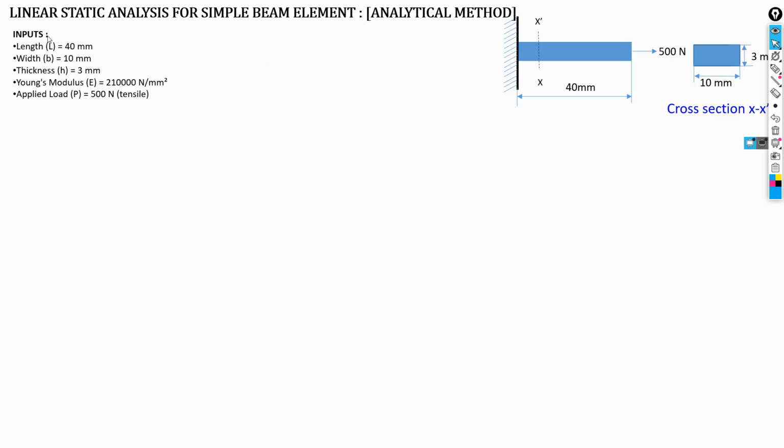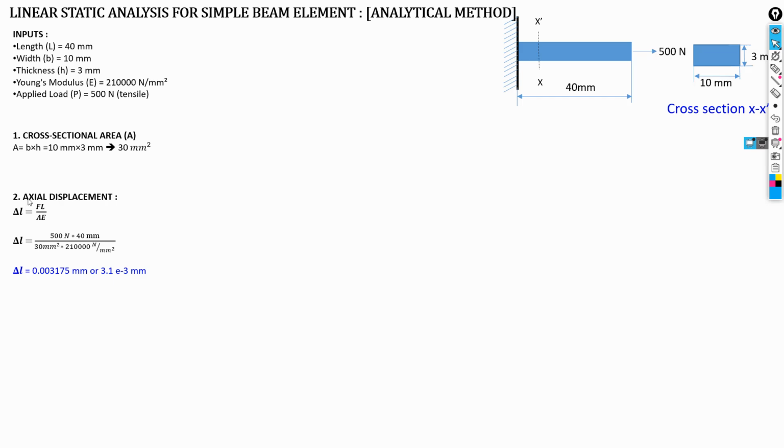So we have the inputs: length is 40, width is 10, thickness is 3, with Young's modulus 210,000 Newton per square mm, and we'll apply a tensile force of 500 Newton. As our first requirement, we find the area of the cross section, which is 300 square mm, and then in the second step we'll find the axial displacement, for which we already know the formula FL by AE.